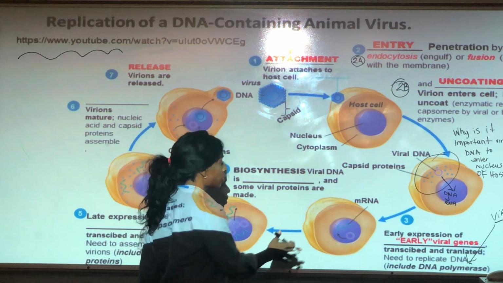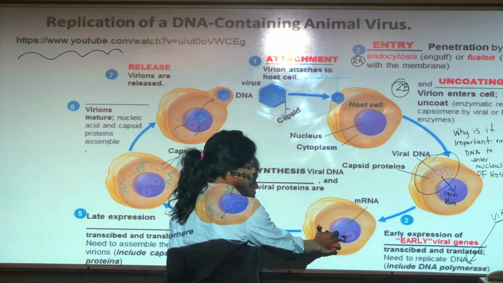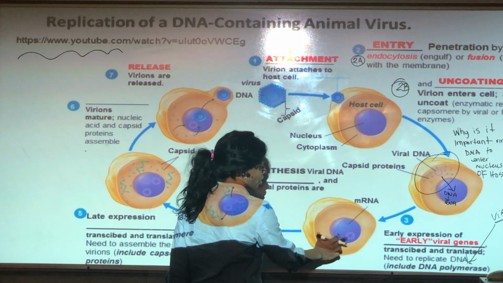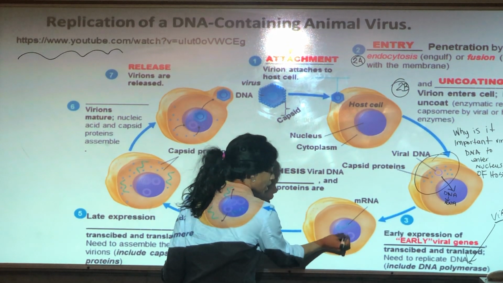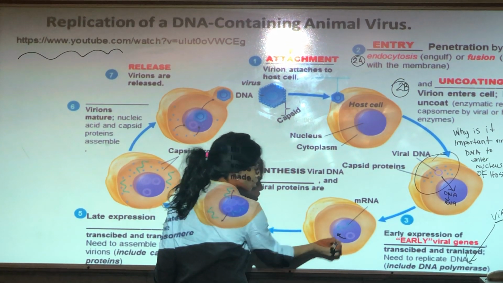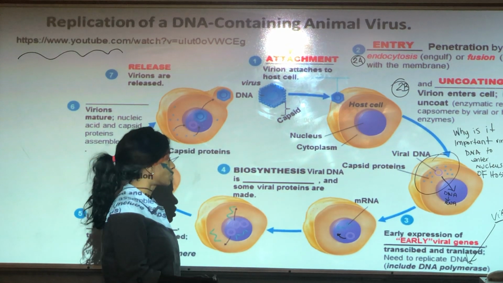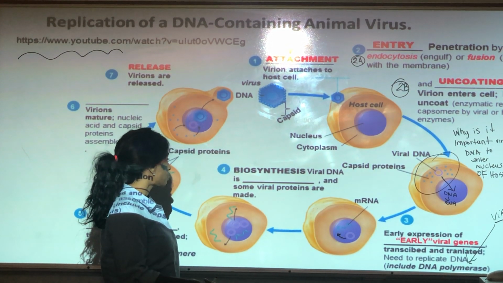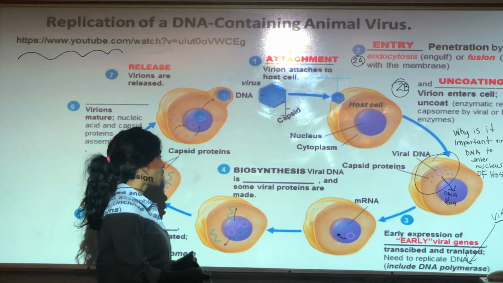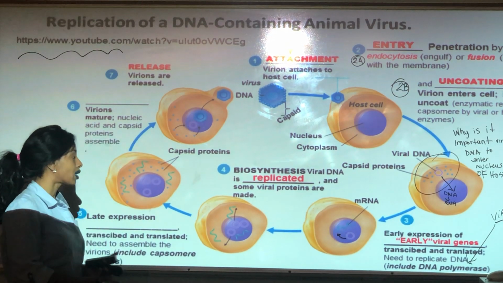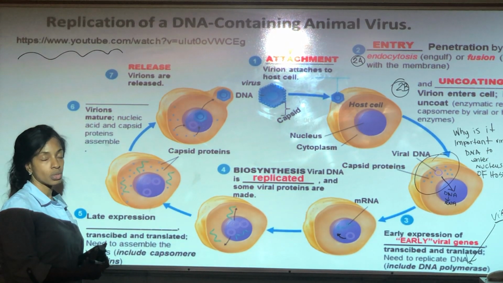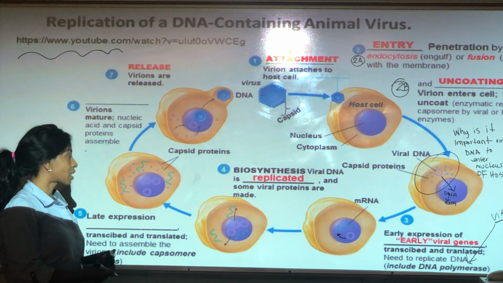All right, so we said that this was the actual DNA. The DNA was then made into the RNA, so we said it was expressed. And in this case, once this is done, then the actual virus can be replicated.